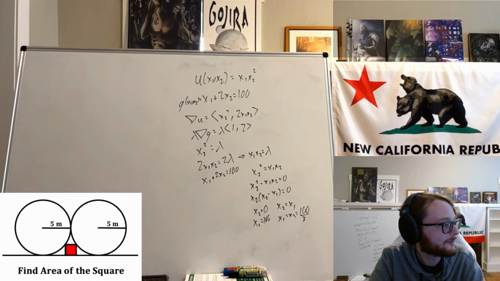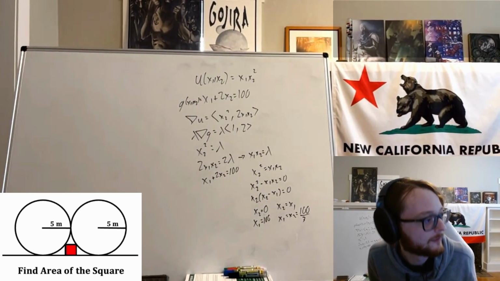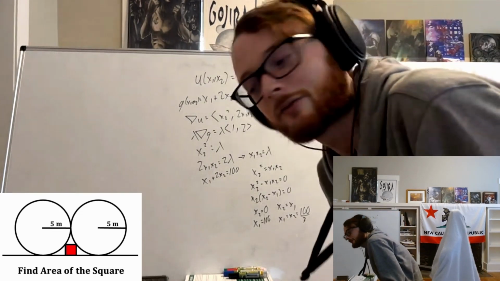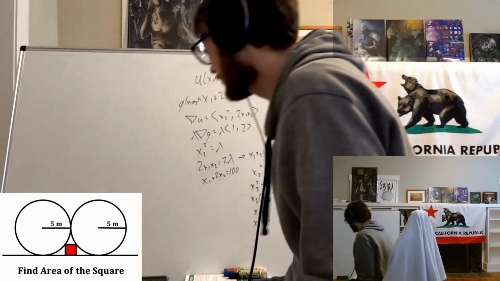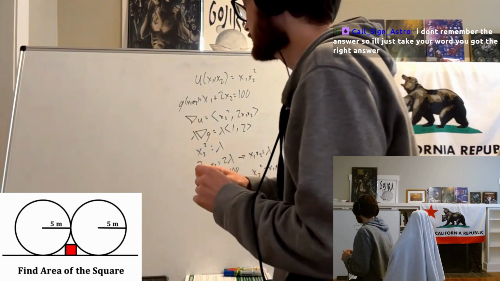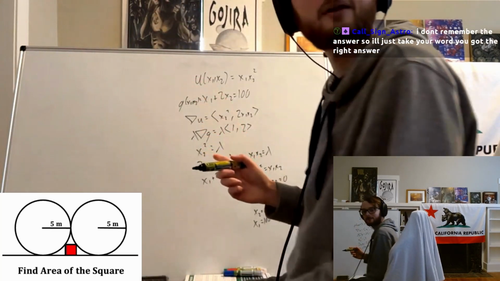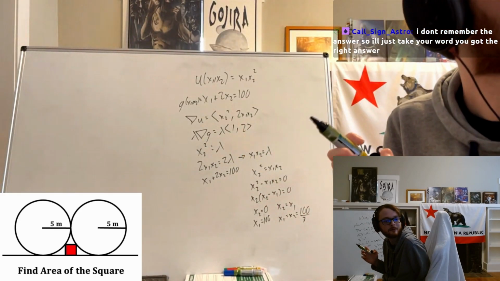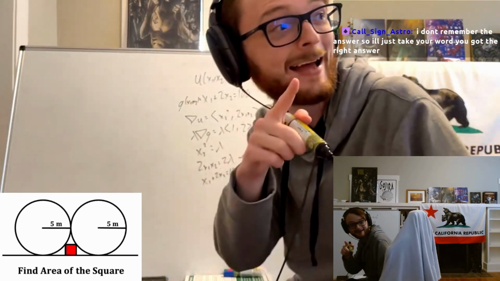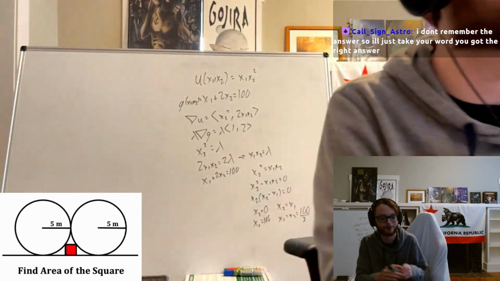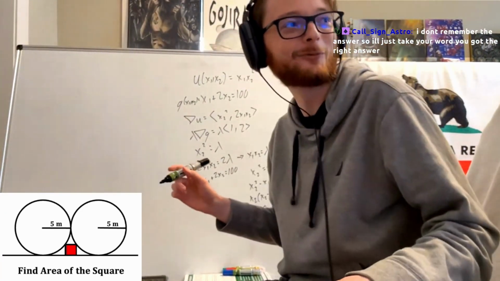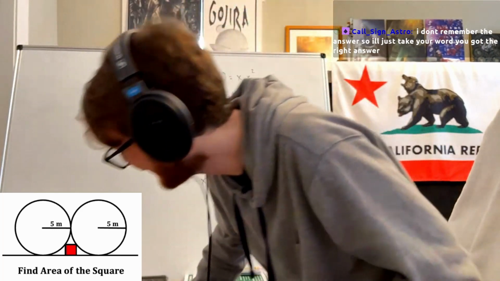So for this one, my only idea is extending the radius to the bottom middle of the square. Or, I mean, you don't remember the answer, so you just take my word? Okay. I like that. You know, I wish the world worked like that, Astro. Just whatever I got, it's right. Who cares?